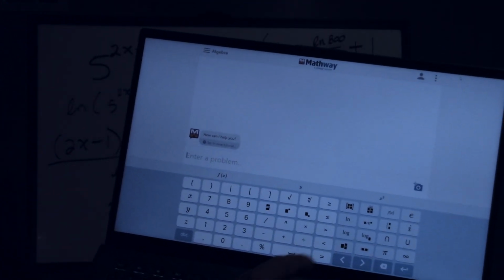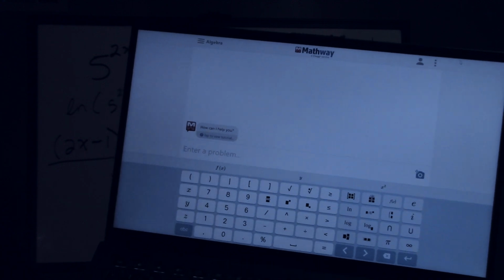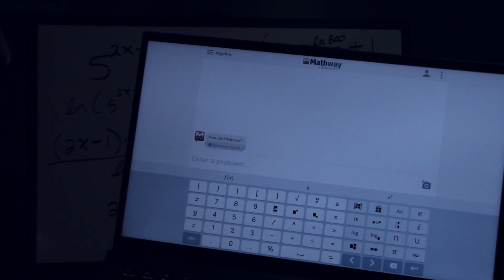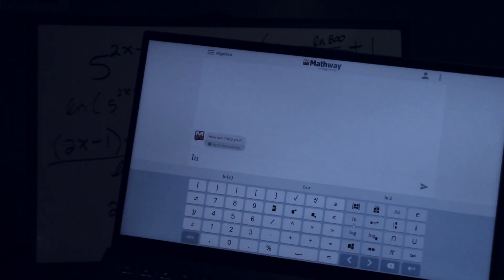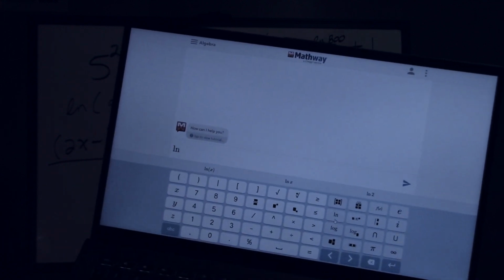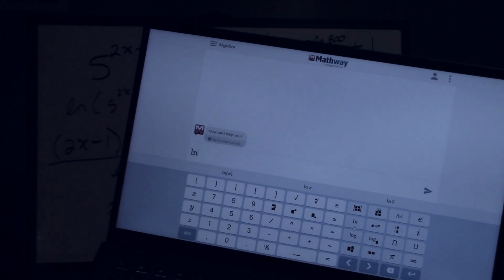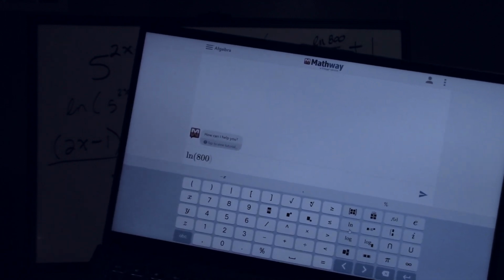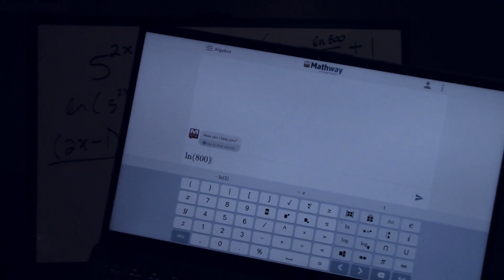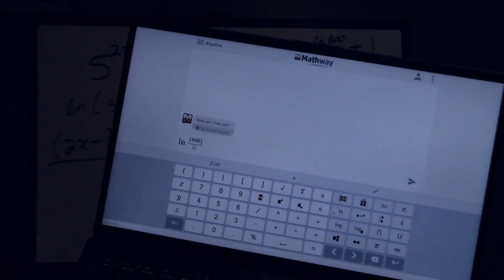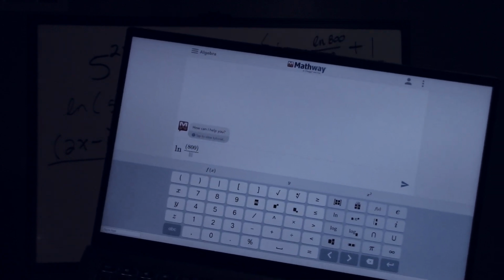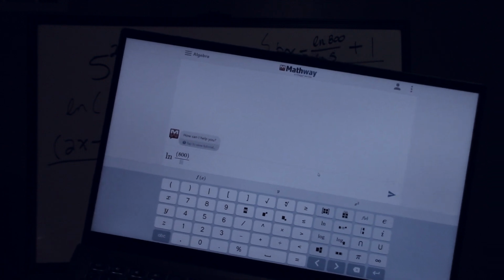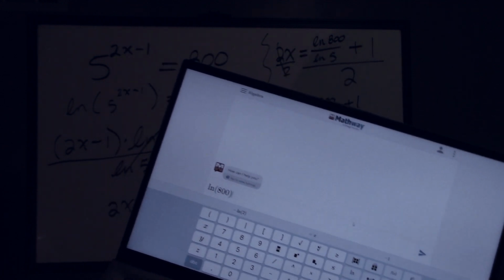But I would go the natural log, which is right here. So natural log and then open up a set of parentheses. In here in Mathway it's not necessary, but I like it, so let's do it. Just divide by, let's see here.